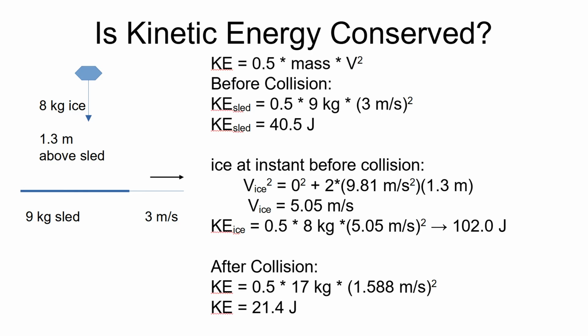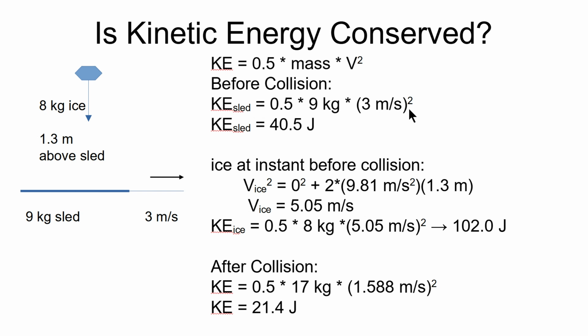Kinetic energy is 1/2 mv squared, 1/2 mass times v squared. Before the collision, only the sled contributes to kinetic energy: 1/2 times 9 times 3 meters per second, we square the velocity. So we have 40.5 joules of kinetic energy before the collision, the kinetic energy of the sled.